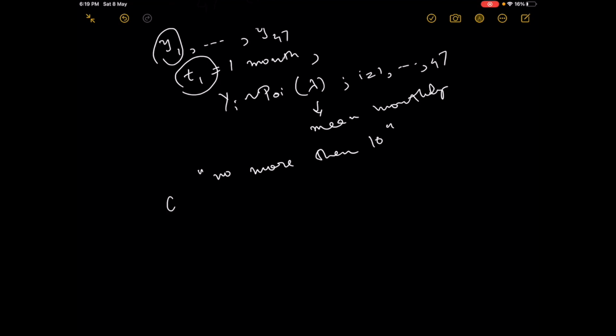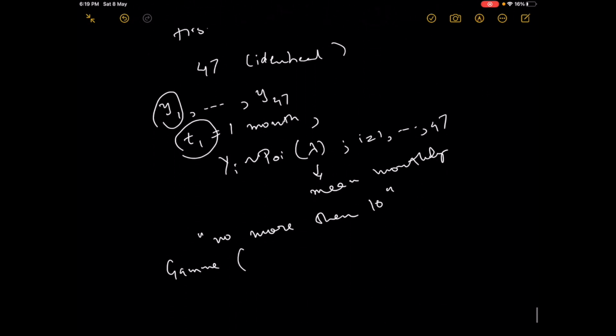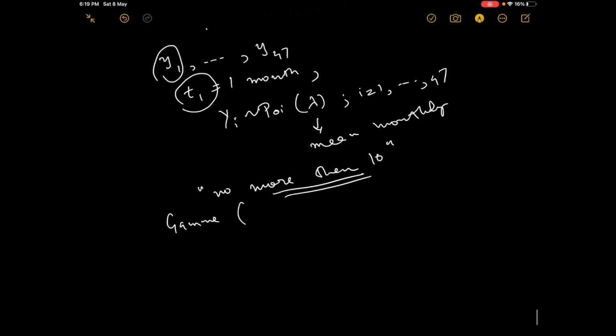Going by the interpretation I have of the parameters here, if I take this on a 1 month sample, then my prior indication is 5 by 1, which is very much less than 10.